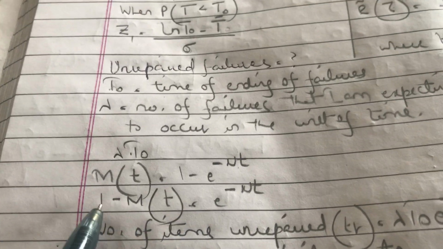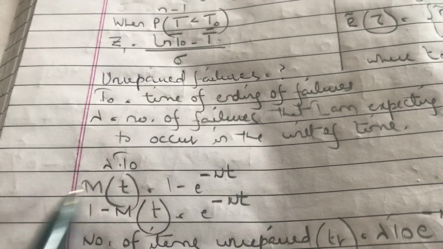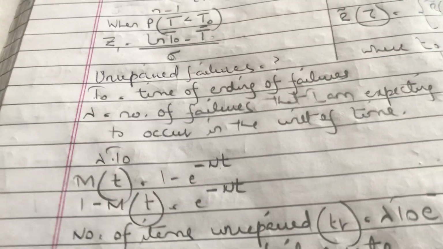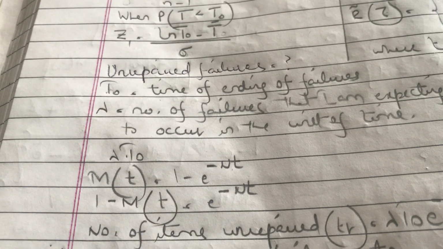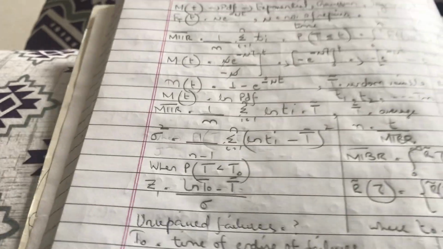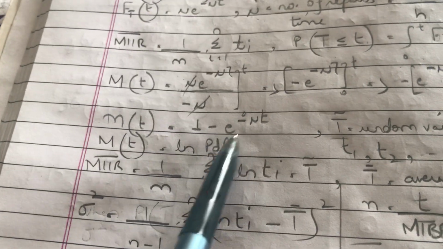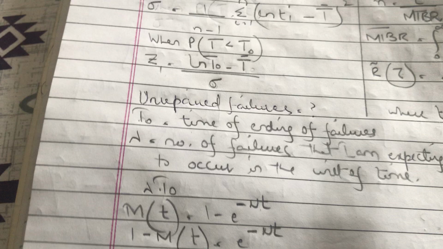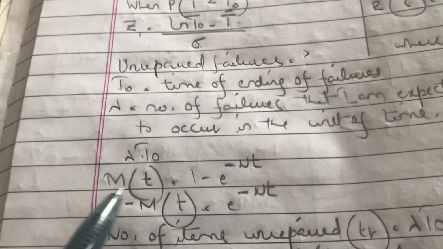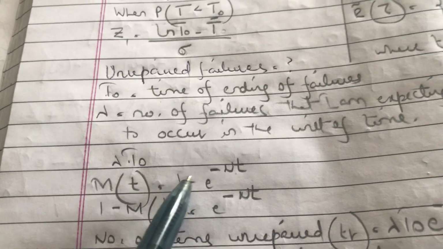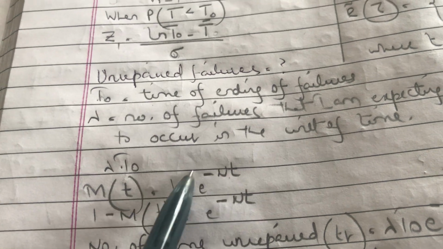So this one comes here, and we have the equation in this form. What we got, you remember, was the maintainability as 1 minus e to the minus mu t, and this one comes here, and this thing remains.